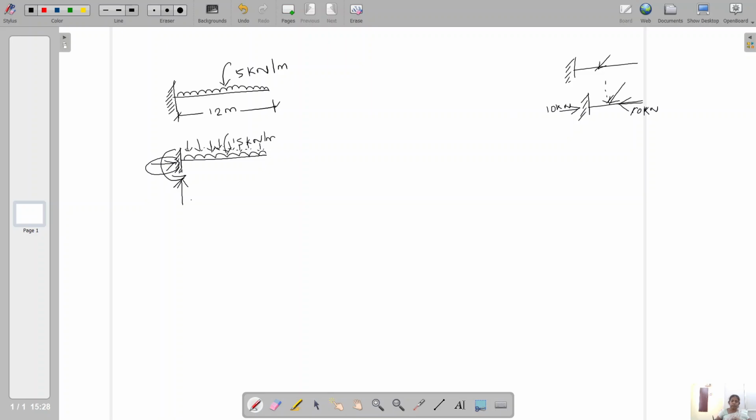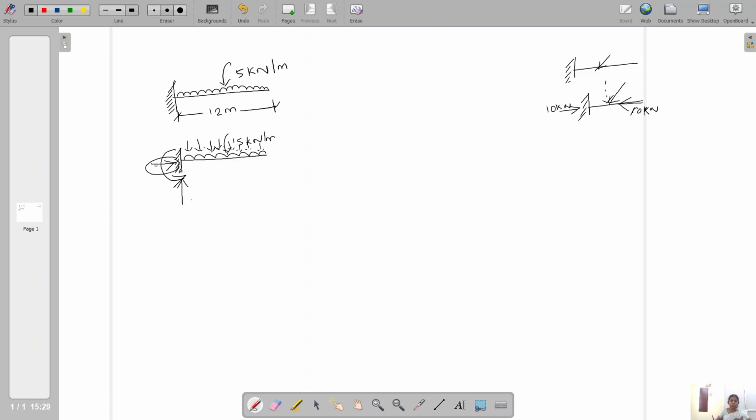In this case, the UDL, which is acting over the 12-meter span, is completely loaded with 5 kilonewton per meter. That's why it is represented as UDL. So this UDL is a purely perpendicular, y direction loading. There is no need to consider an x direction reaction, because there is no load in that direction at all.